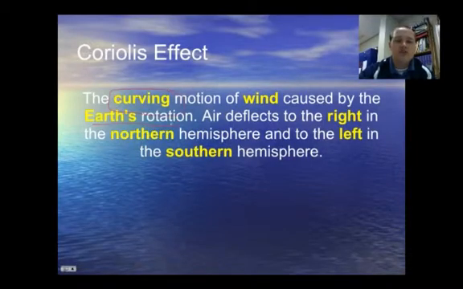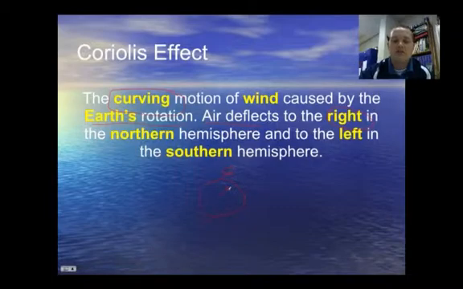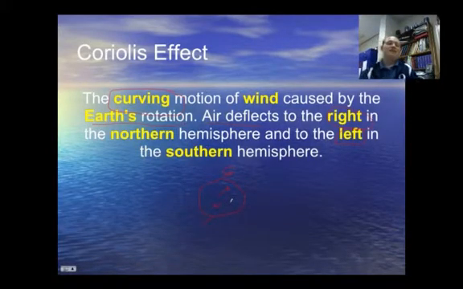When you have the Earth with its tilted axis and it's spinning on that axis, that causes the air to deflect and move to the right in the northern hemisphere, and to the left in the southern hemisphere. So that's the beginning of what the Coriolis effect is: as the Earth is spinning, it causes winds to not travel straight, but instead to curve and deflect.